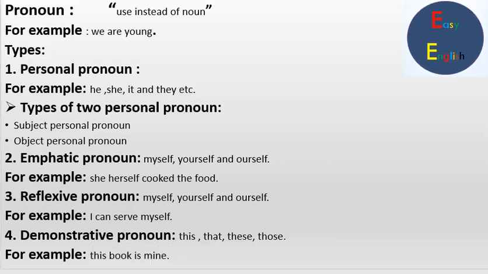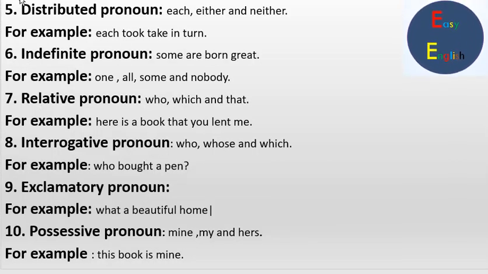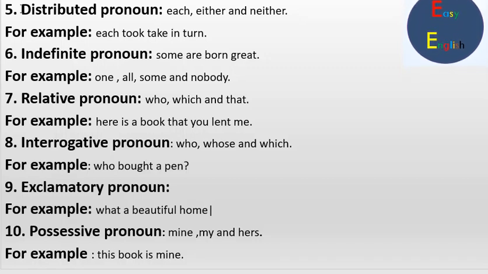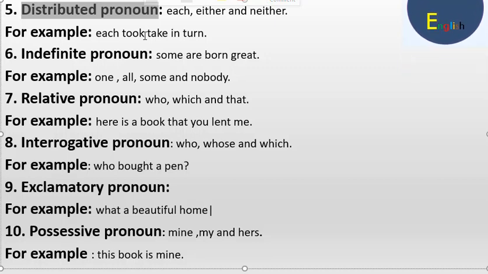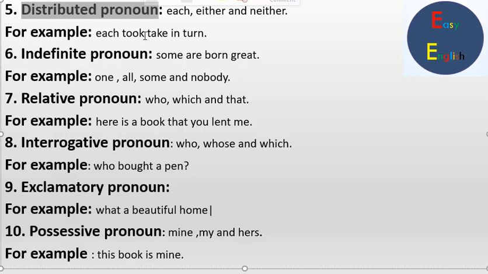Now we discuss another type of pronoun which is distributive pronoun. The name distribution shows separation of things, distributing the things. Distributive pronouns refer to a person or a thing one at a time.